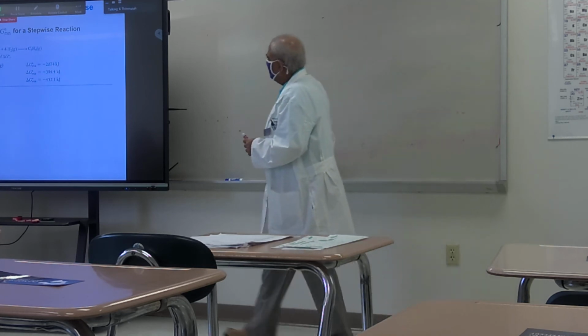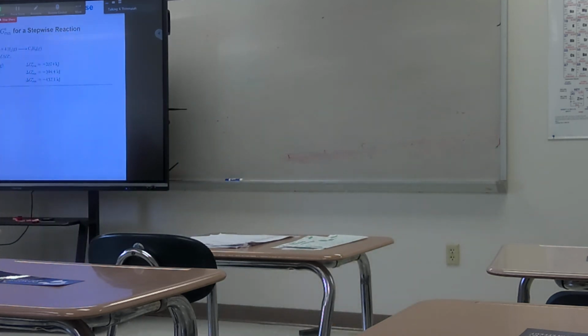They have given these reactions, multiple steps. 1, 2, 3. Got it? And this is the overall reaction. They want you to calculate the delta G0 for the entire reaction using these three. So how do you approach this problem? This is how you are going to do it.